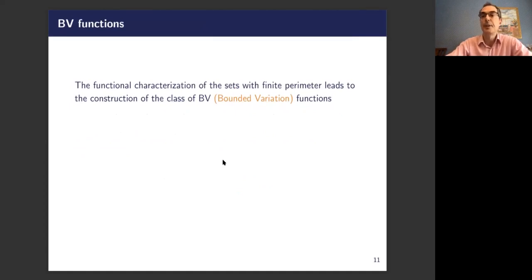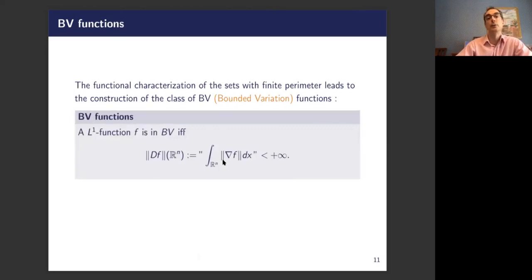A convenient way to study these sets of finite perimeter is to introduce the theory of bounded variation functions. In a sense, bounded variation functions are to sets of finite perimeter what L1 functions are to sets of finite measure. That is, one can parallel the construction of BV functions from the notion of sets of finite perimeter with the construction of L1 once a notion of sets of finite measure is well defined.